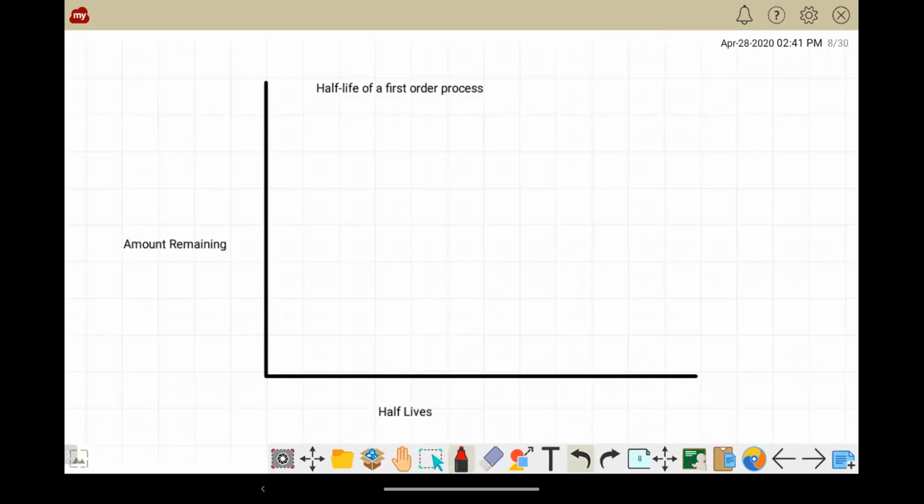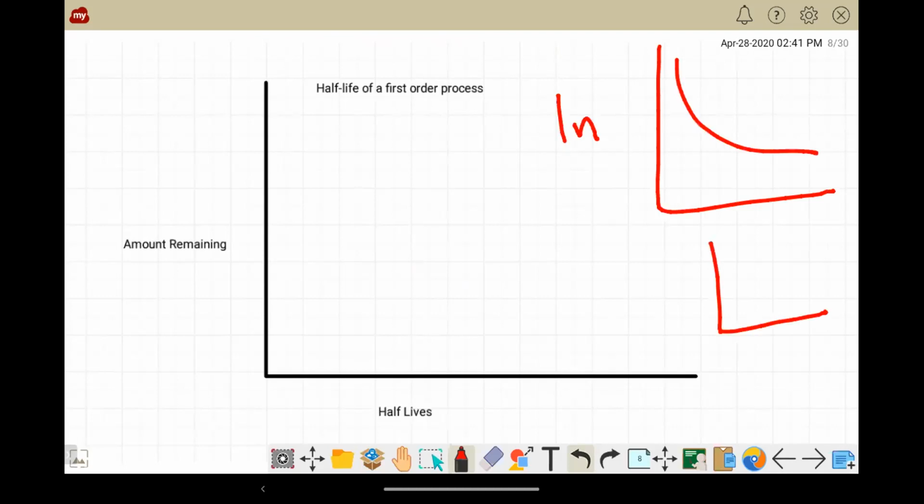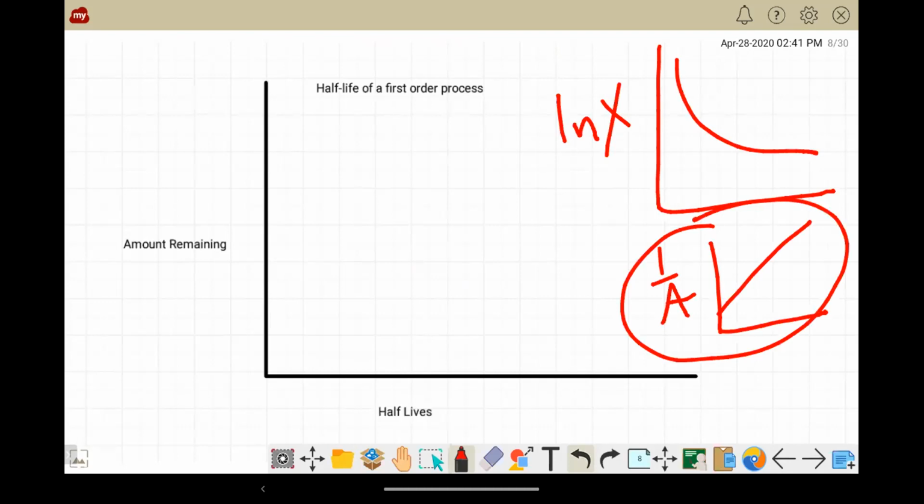Okay, so let's take a moment here. One thing that you do want to be sure you understand is the half-life of a first order process. If they give you natural log on the y-axis and it's not a straight line, and they give you reciprocal and it is a straight line, you can say, oh, this is the linear one, and reciprocal corresponds to second order, and that's great.